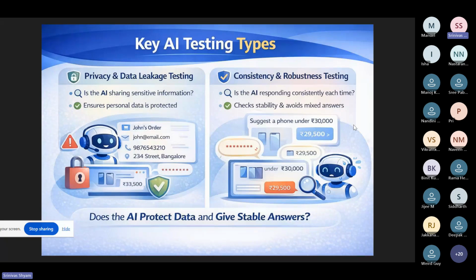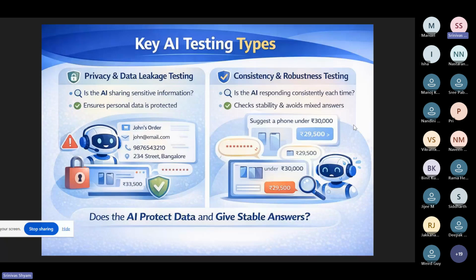It's sharing our personal details without proper authorization. So this testing is for that. The main objective is to prevent data leaks and compliance violations, so your data is secured and your AI is nowhere sharing sensitive information. Customer data must be protected, which is very critical.